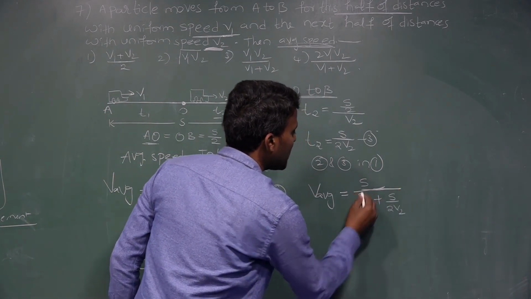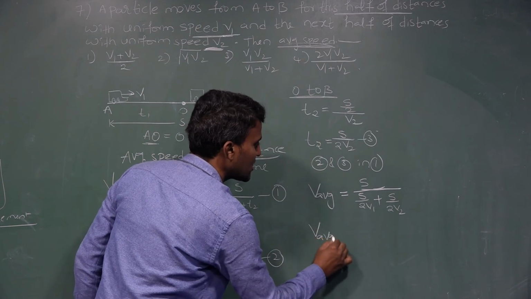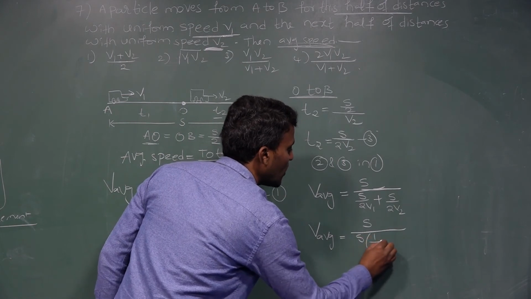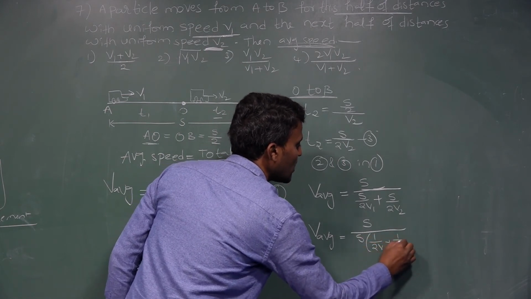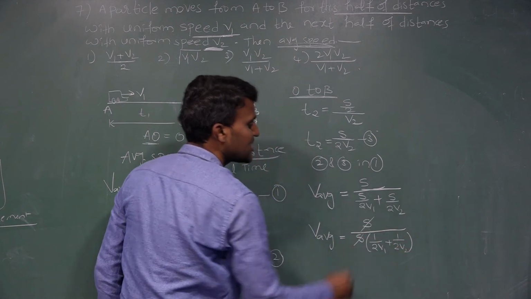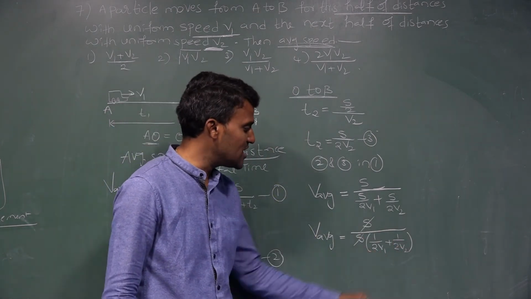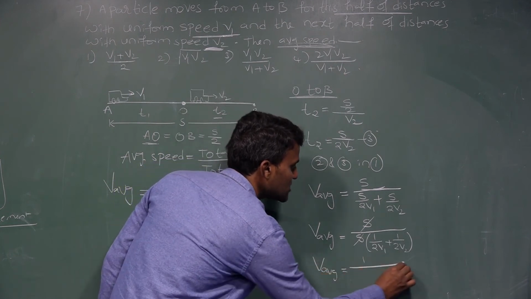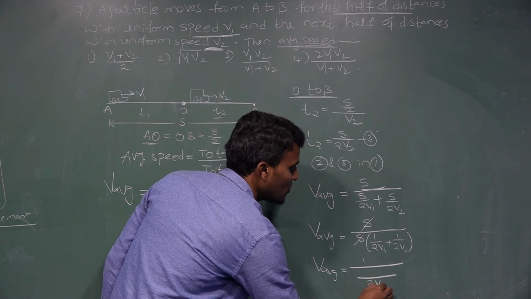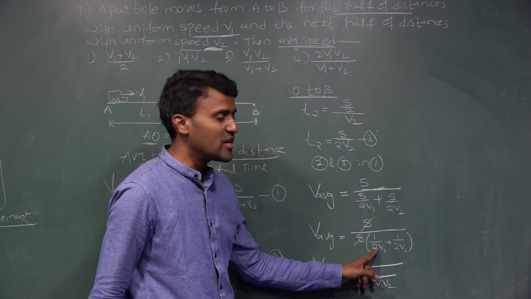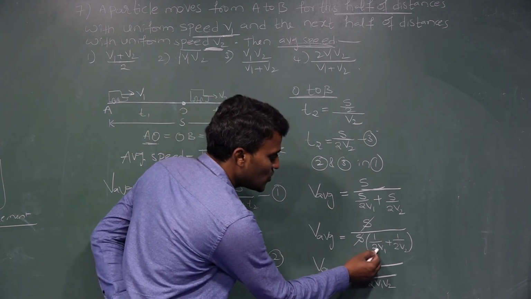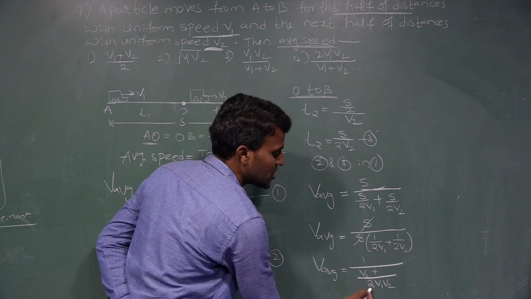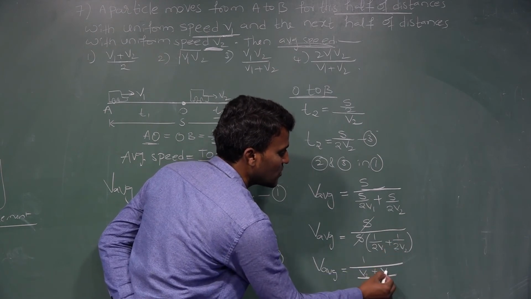Now I take S common, so S gets cancelled, leaving 1 by 2v1 plus 1 by 2v2. What is the LCM here? The LCM is 2v1v2. Here 2v1 is there but v2 is not, so v2 will come; and 2v2 is there but not v1, so v1 will come.